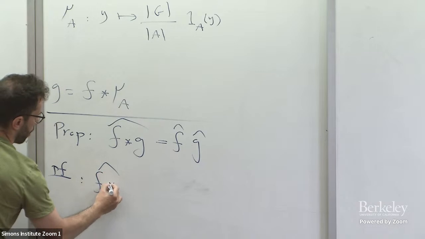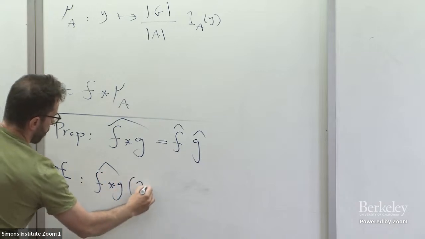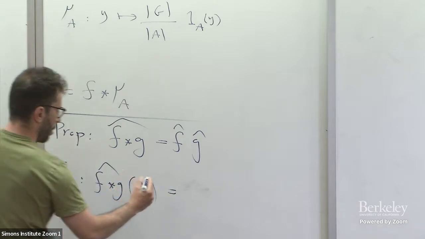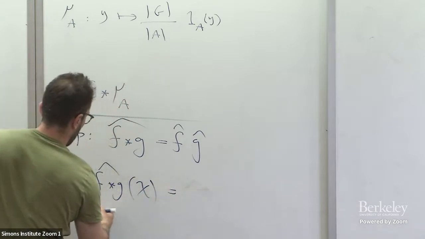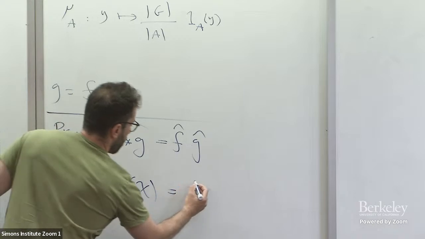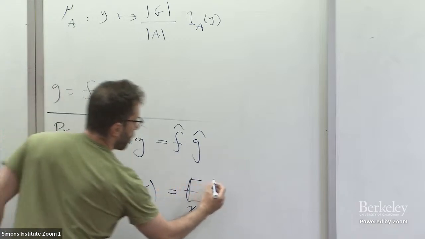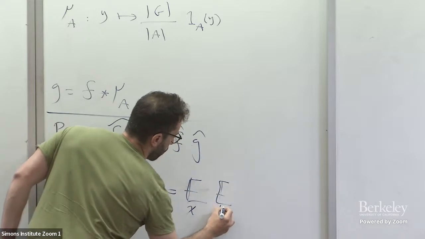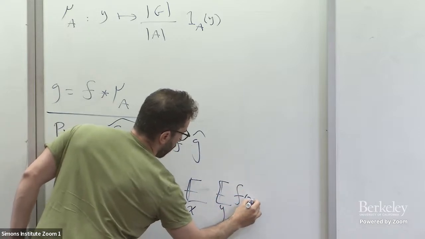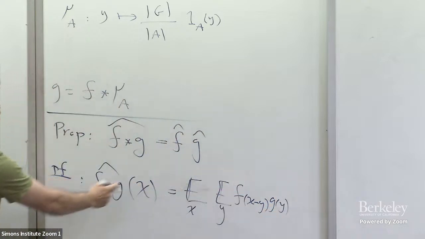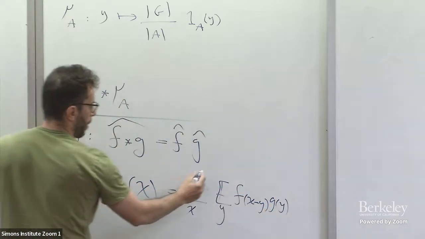At some character chi, what is this thing? By definition, let's write the expected value over x of the convolution, which is the expected value over y of f(x minus y) g(y). So this is just the convolution at point x.